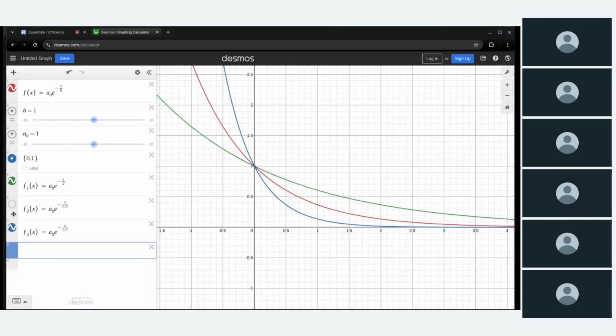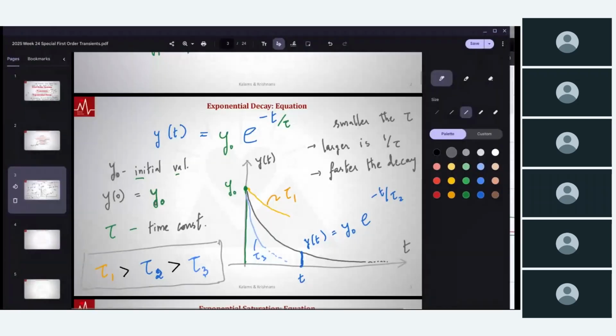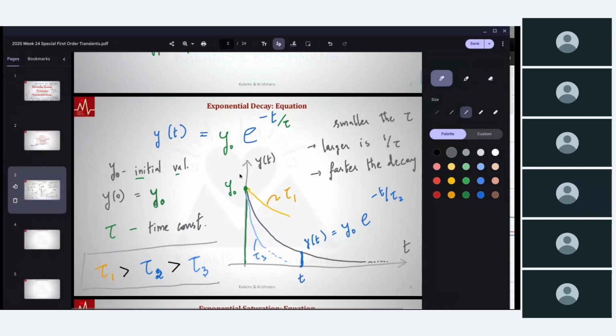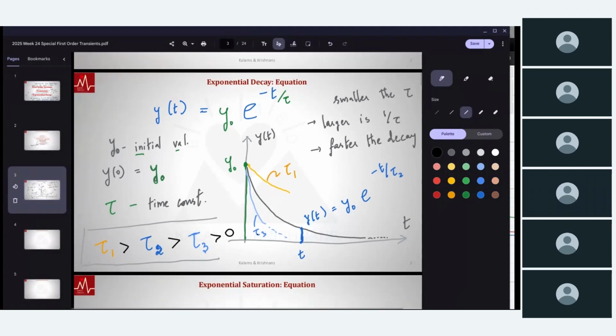Yeah, there you go. Tau is smaller, there is a faster decay. Typically, tau can be positive and negative. It's an interesting question, but for now, let's make sure all the taus are strictly greater than 0, so that we are looking at decay. With equality, there is an instantaneous jump. In fact, you get an interesting function.